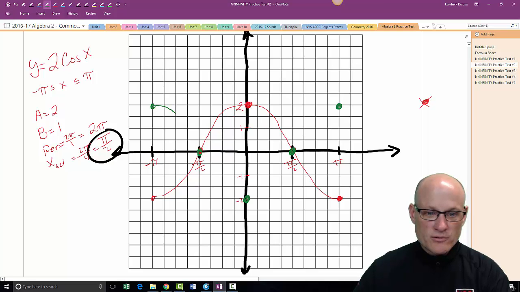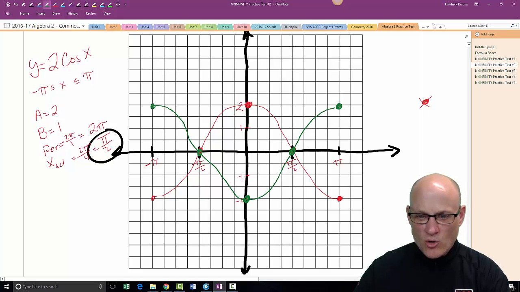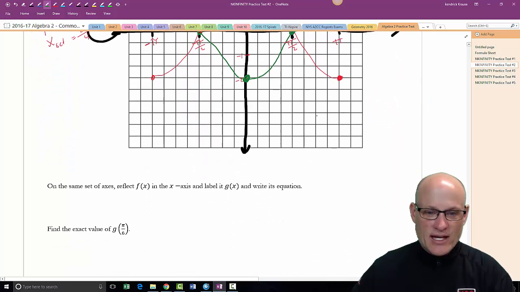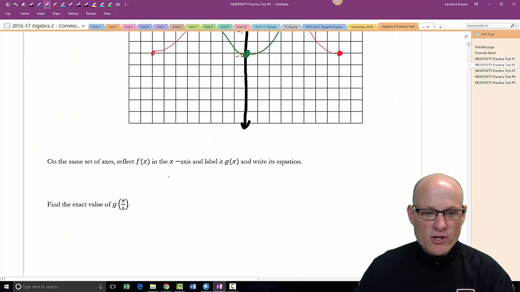So in this equation, what is the only difference between that? And you should know this. When you reflect in the x-axis, the transformation is a negative in front. So it's -2 cosine x.